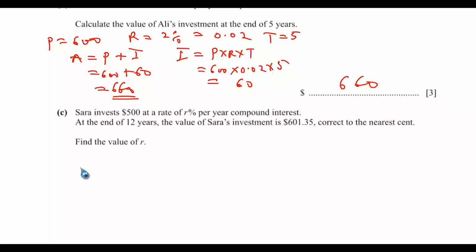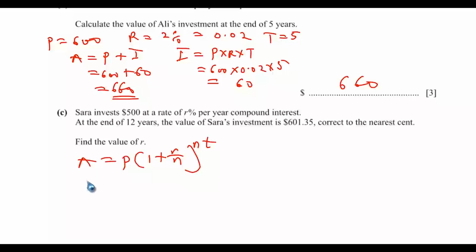So we know that A, that is the amount, equals P into 1 plus R over N to the power of NT, where P is the principal, R is the rate, N is the number of times the interest is paid in a year, while T is the given number of years. So let's put in the values.